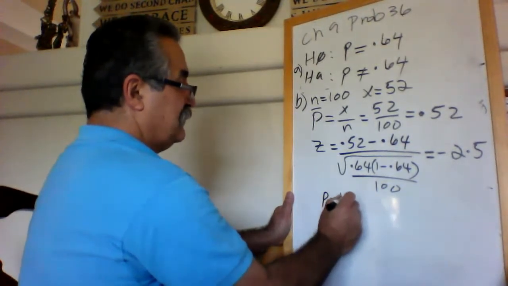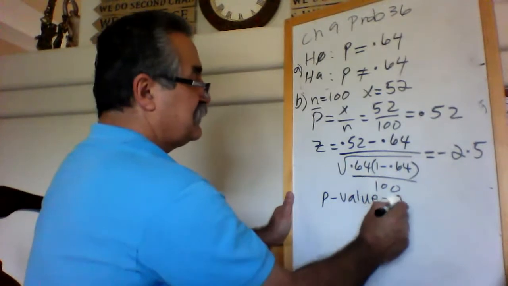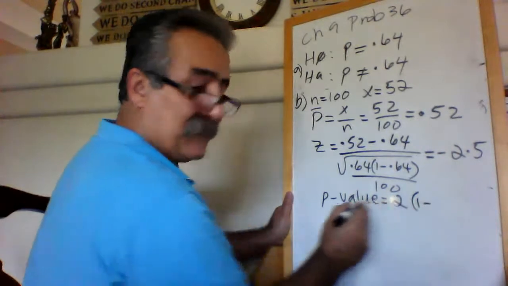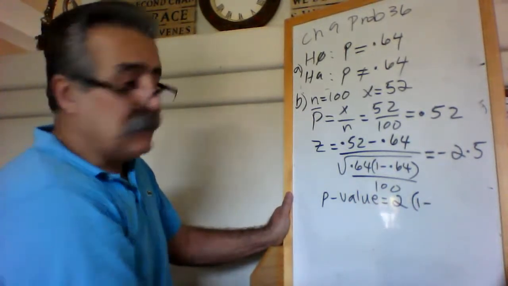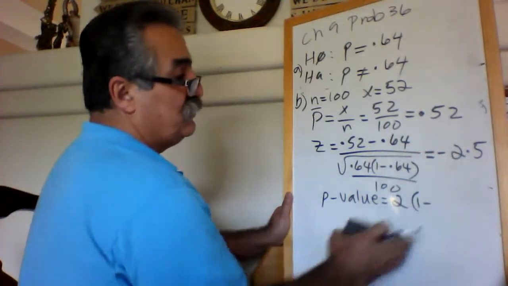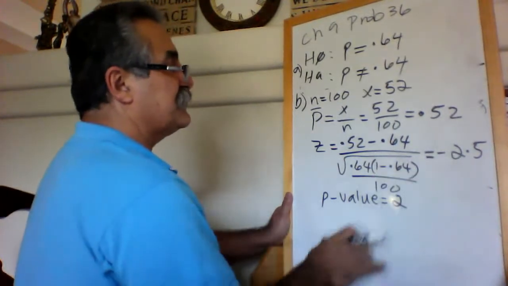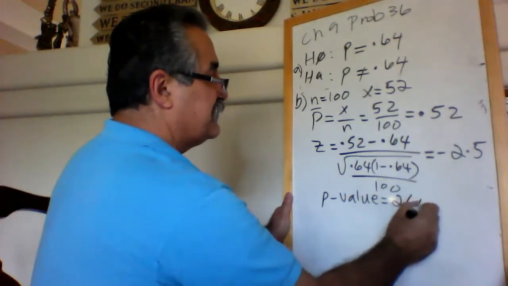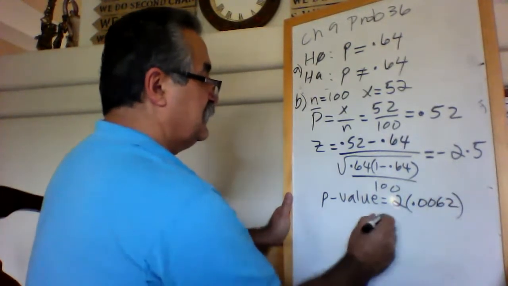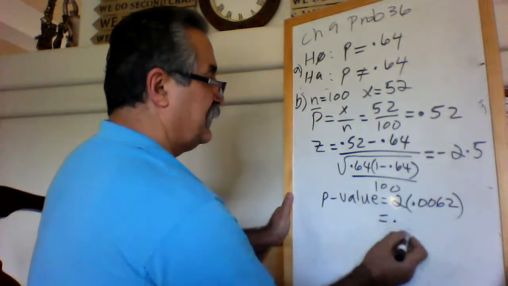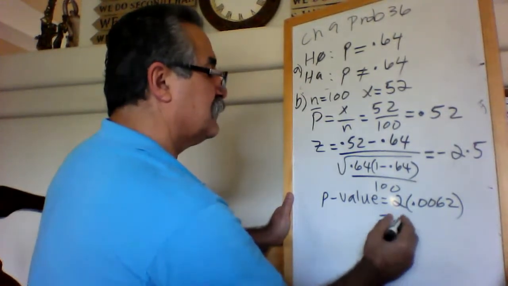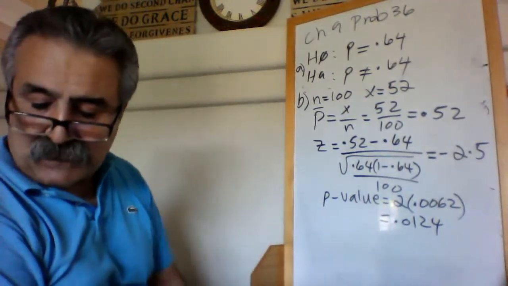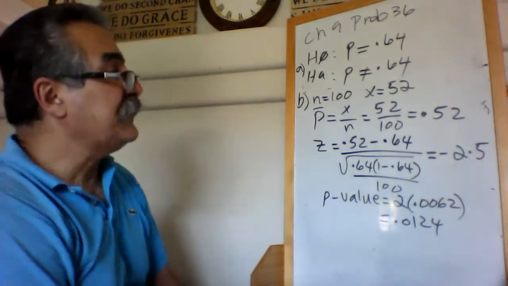So p-value is equal to 2 times, because this is a not-equal test. I'm sorry, this is negative, so we don't do 1 minus, because this is just for both sides. 2 times 0.0062 will give us 0.0124. So that is our p-value, 0.0124.